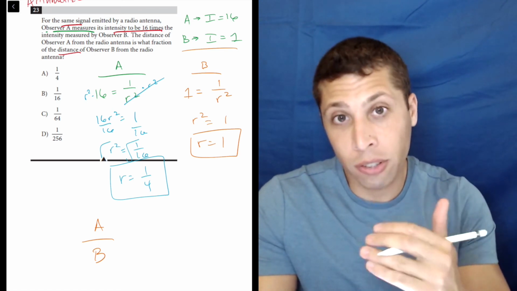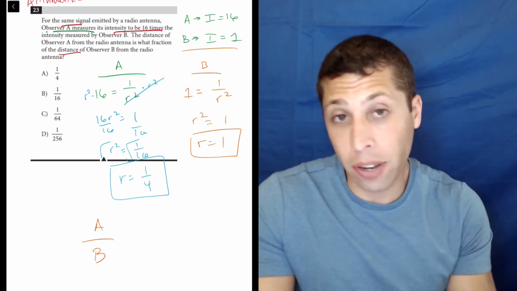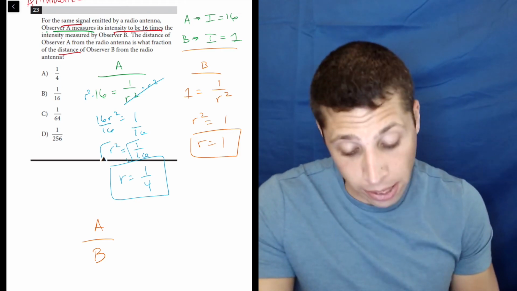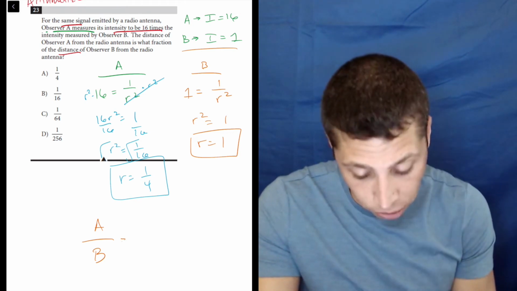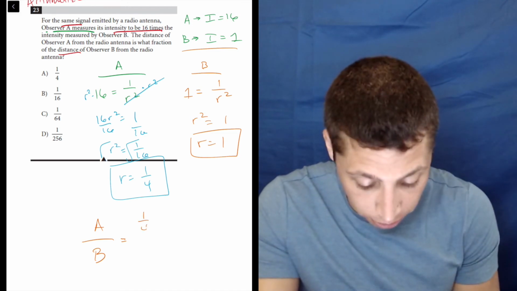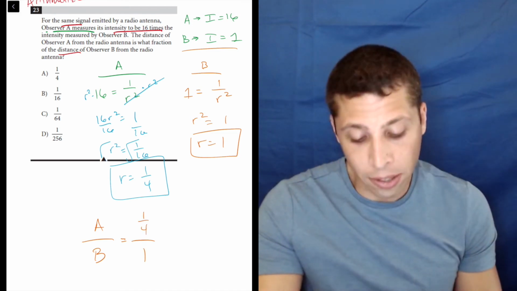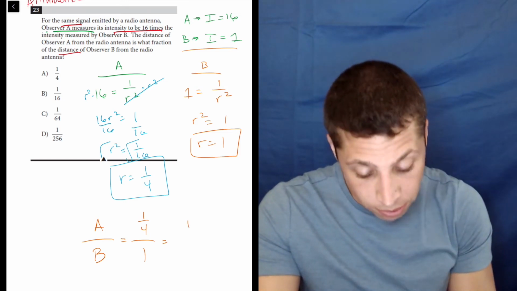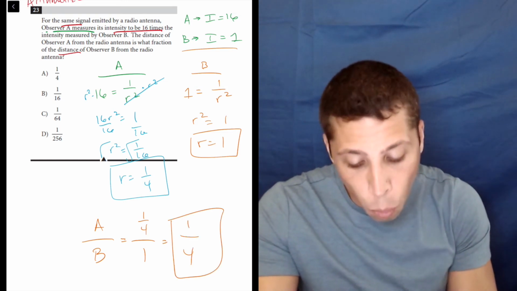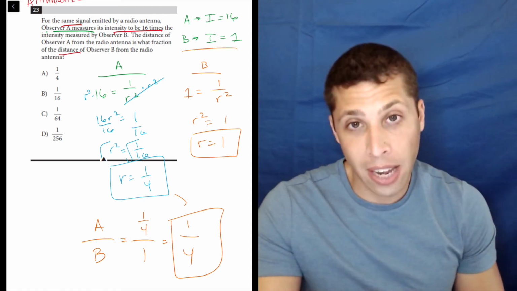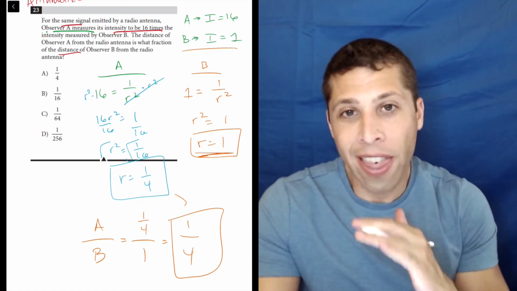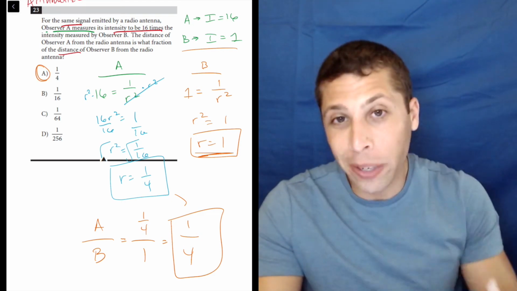If we used different numbers, we would put whatever we got for A over whatever we got for B, the radiuses, and then simplify that fraction. We could do that with the calculator or in our heads. In this case, it's really easy to do in our heads because 1/4 over 1 is 1/4. So that's why these two numbers are the same, because we picked a situation where the radius became 1. But that shouldn't matter if we're doing it right.